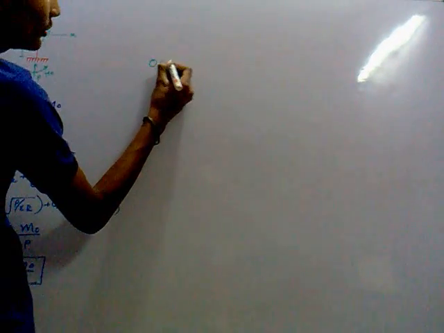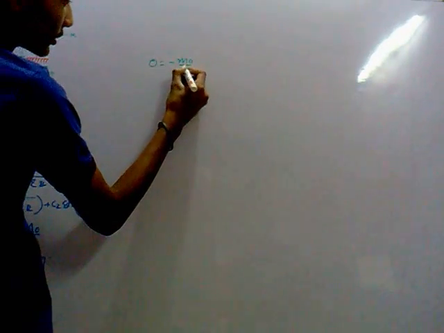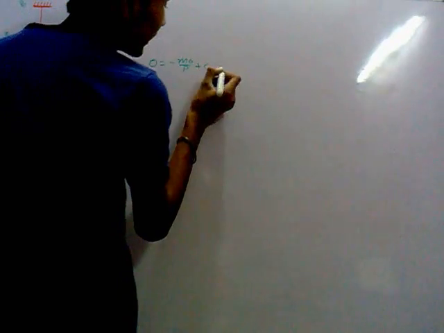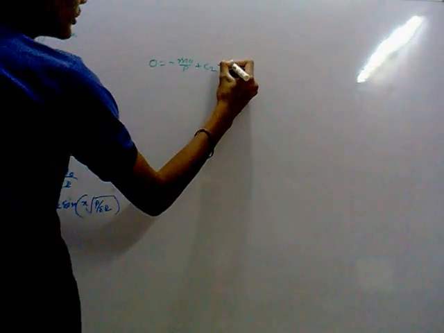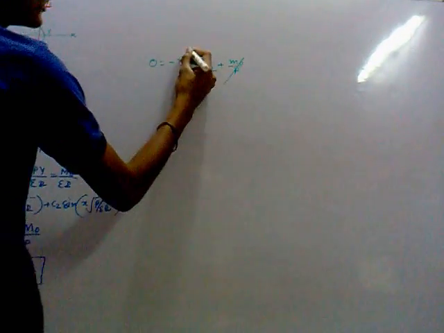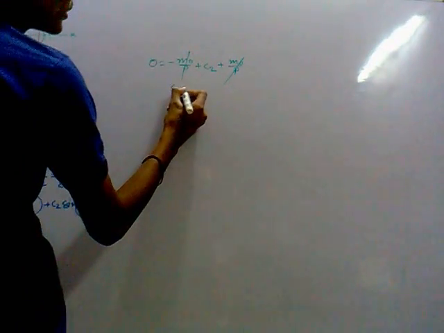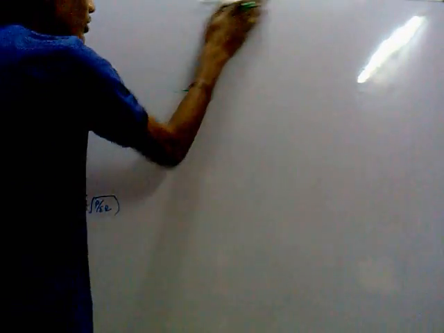This is very easy. So 0 equals minus M0 upon P, because the value of cos 0 is 1, plus c2 plus M0 upon P. Both these terms are cancelled, so c2 equals 0.